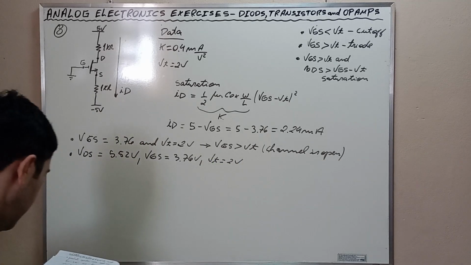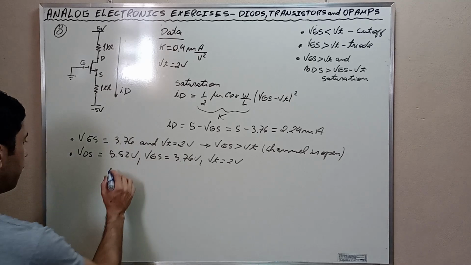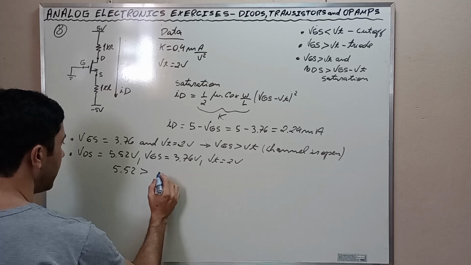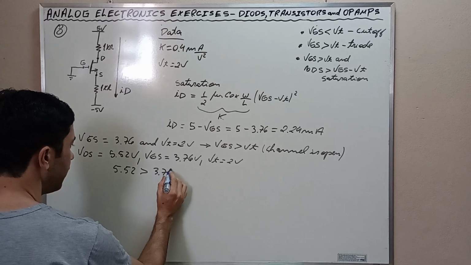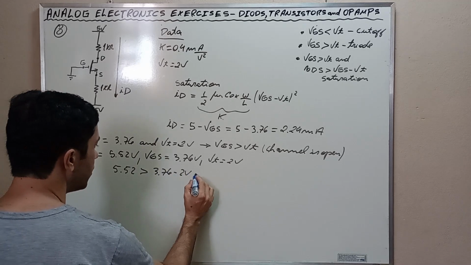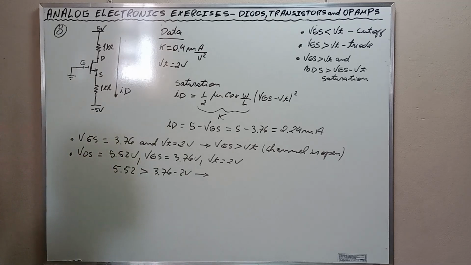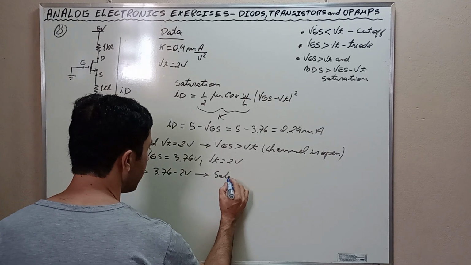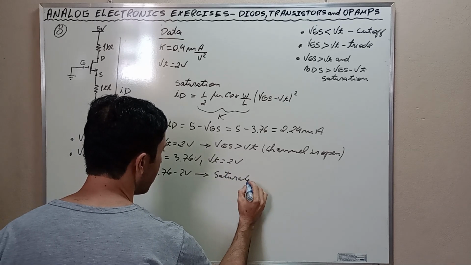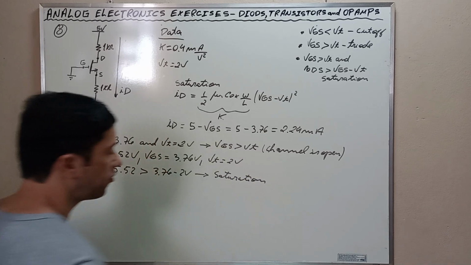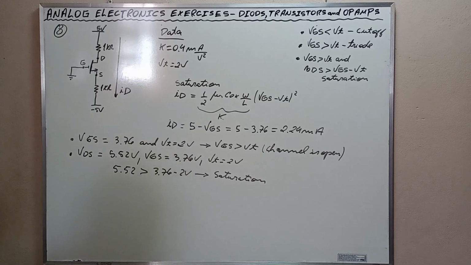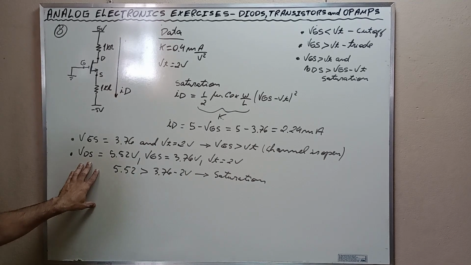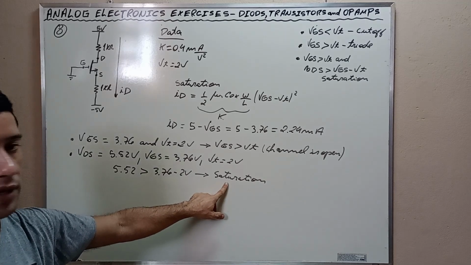We observe that 5.52 is greater than 3.76 minus 2 volts, and this grants that we are working in the saturation region of operation. Then, using this calculation here, we have proved our assumption.